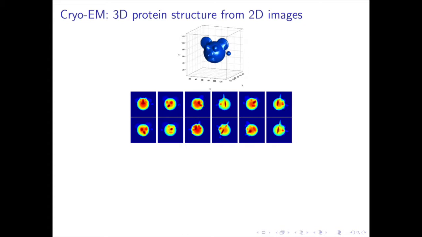So there are unknown rotations for every image. Anyways, you get the images. In this example, it's kind of easy to see that it's Mickey Mouse. Even this single image gives you a pretty good indication of what you're looking at, I think. Just visually, I claim.